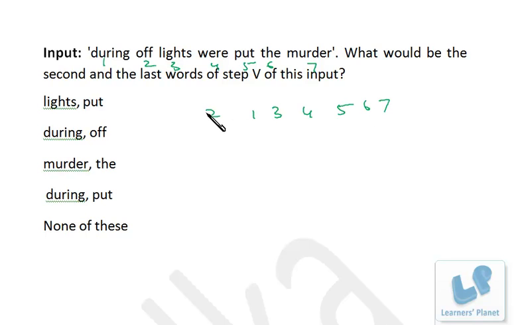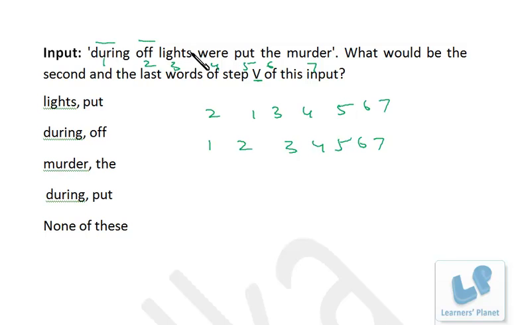So this is the first step, and we have to reach up to the fifth step. So after O, there is no other word which is starting from a vowel. So we have to now take the words from consonants. Among them, during is first according to dictionary order.